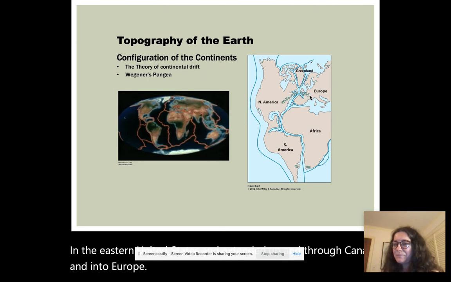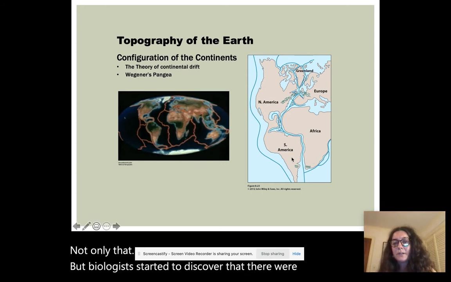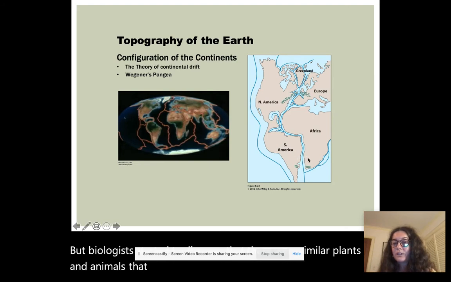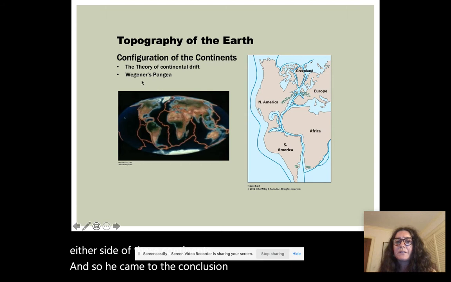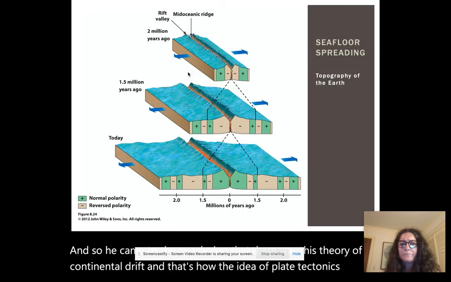Same rocks. Not only that, but biologists discovered that there were similar plants and animals that lived in conjunction with each other on either side of these continents. And so we came to the conclusion that there was this theory of continental drift, and that's how the idea of plate tectonics originated.